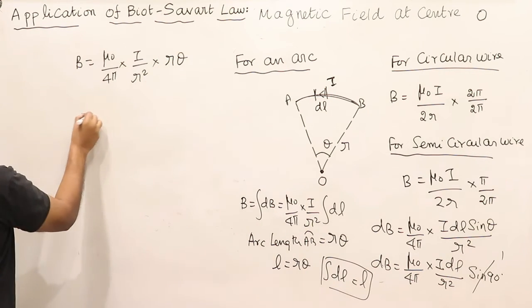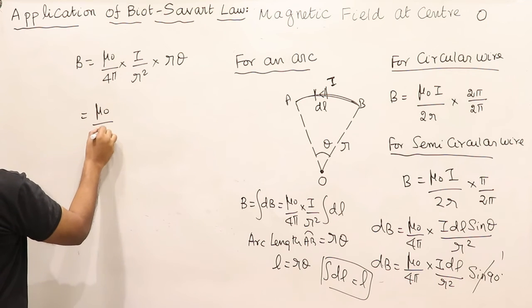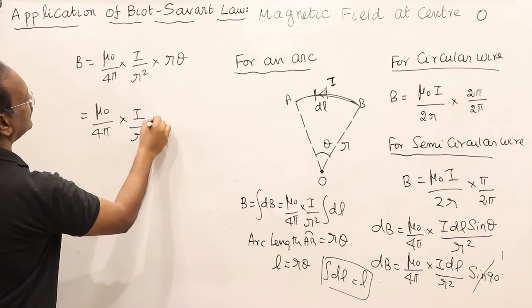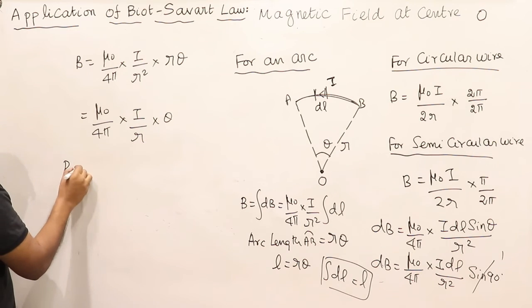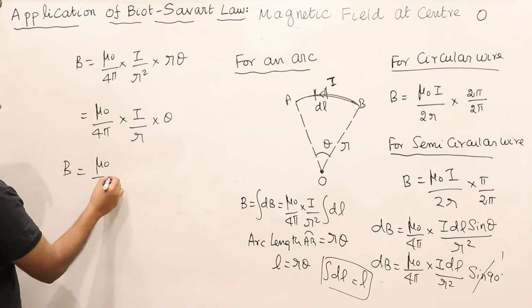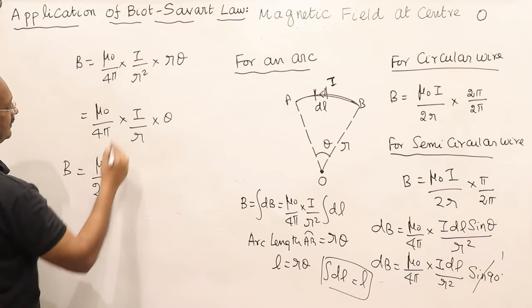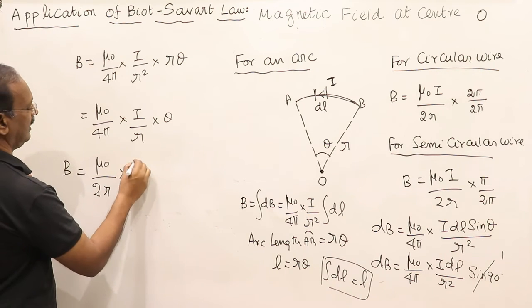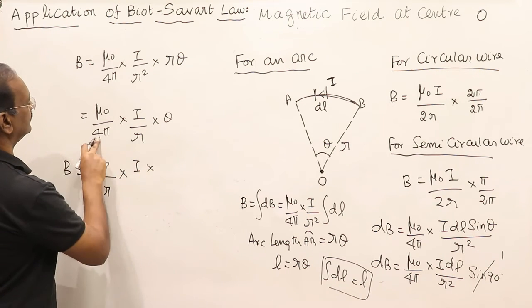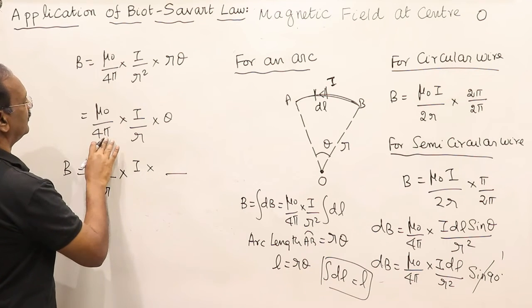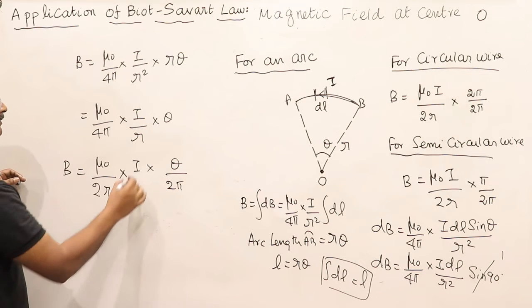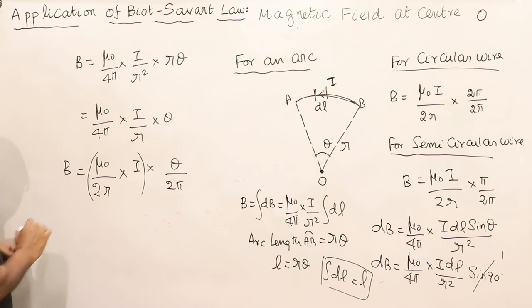So B is equal to mu naught by 4 pi into I divided by r into theta. We can make it easier: mu naught by 2r into I into theta by 2 pi. That's all. This is common for every circular portion.